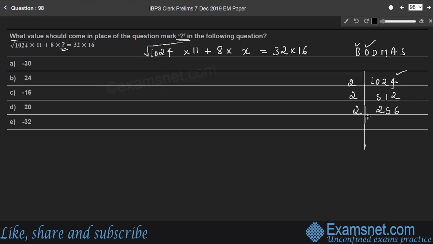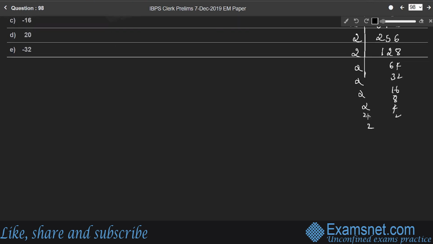Again divisible by 2. So 2 into 128, 2 into 64, 2 into 32, 2 into 16, 2 into 8, 2 into 4, 2 into 2, and 2 into 1.